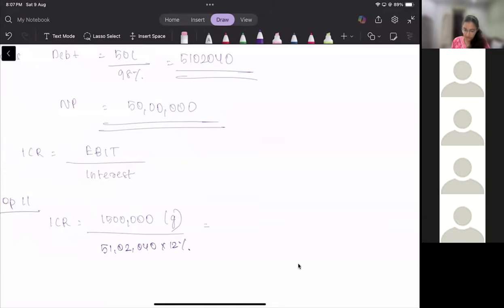Please find out what is the interest coverage ratio. Is this adjustment clear? Because we have to pay interest on the gross borrowings, not on the net proceeds.